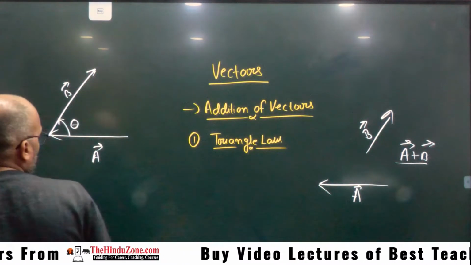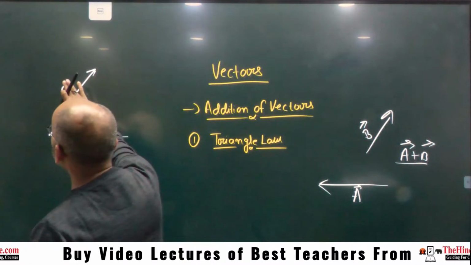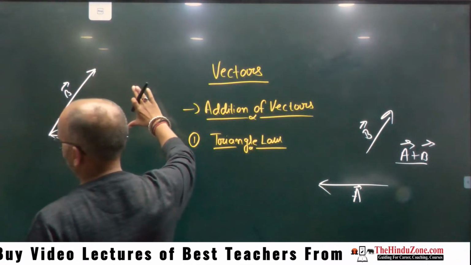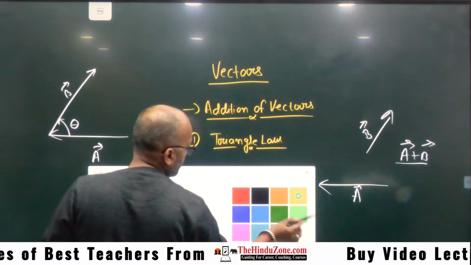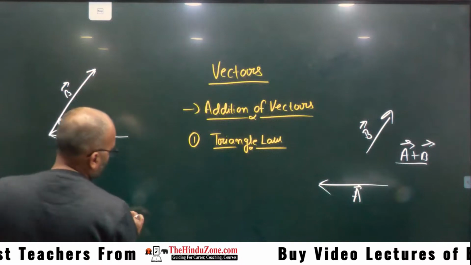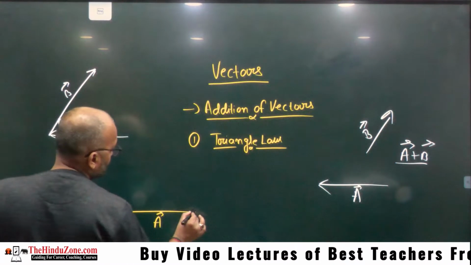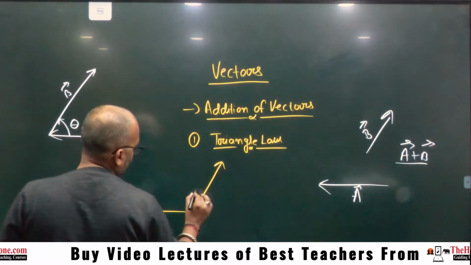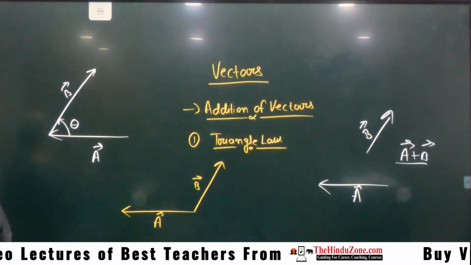Now see what I am going to do is, if I transport this vector here, let me draw another figure for transportation. I have transported your B vector to this side. Please see.